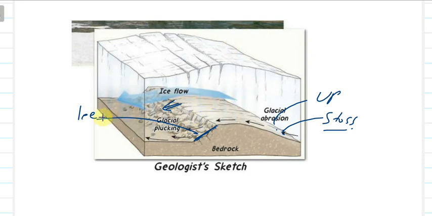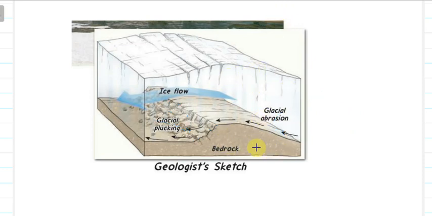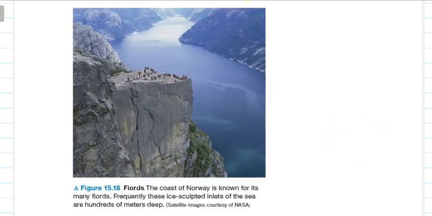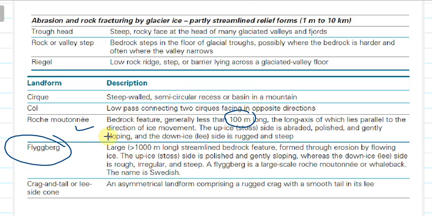Okay, so lee side is basically fractured and stoss side is basically smooth and polished due to the movement of the glacier. Okay, and if this is more than 1 kilometer in length, then this rocky mountain is known as Flickberg. Okay, Flickberg.